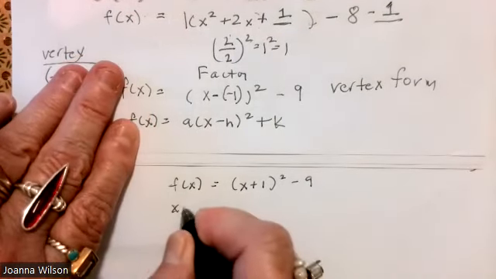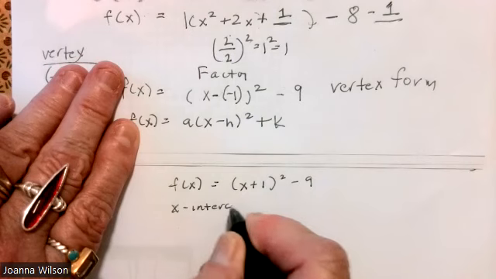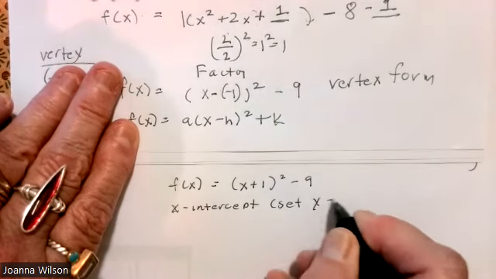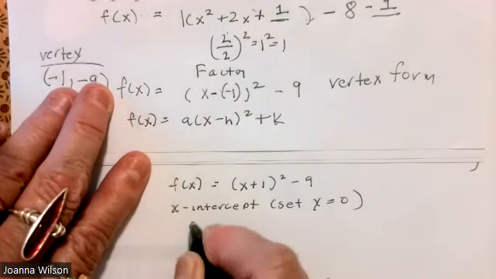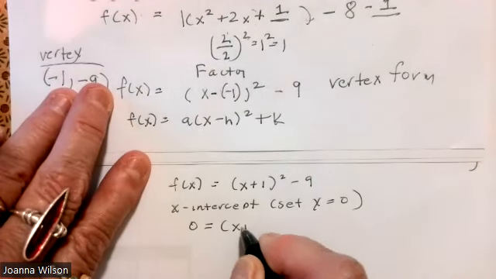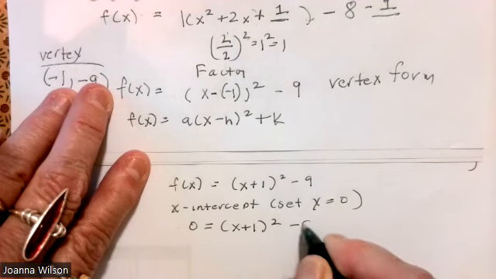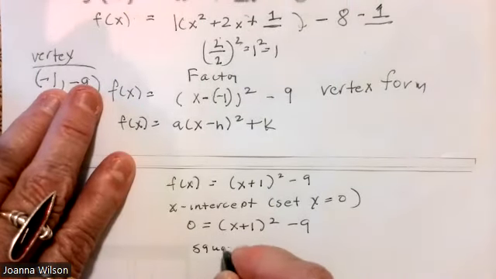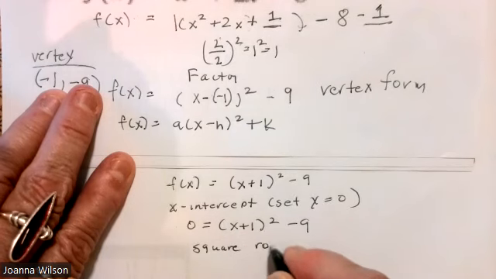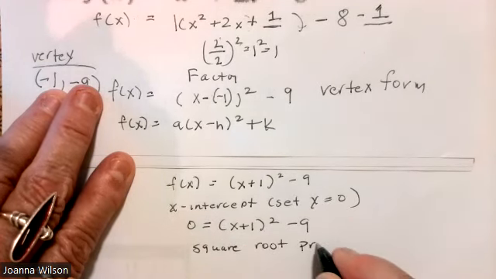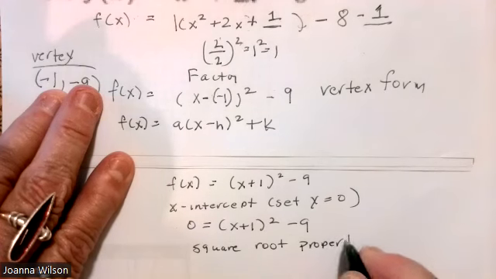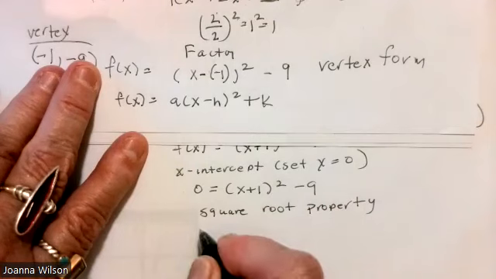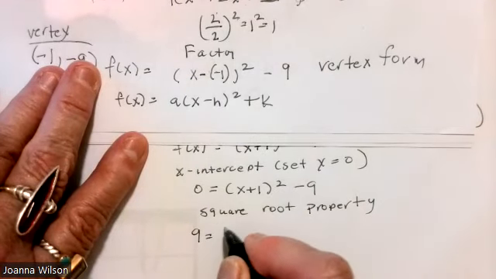Okay, so to find the x-intercept, remember we set y equal to 0. So we have 0 equals x plus 1 squared minus 9. And if it's set up like this, it's easy to use the square root property. You could use any method that would work to solve this quadratic. But all I have to do is add 9 to both sides.